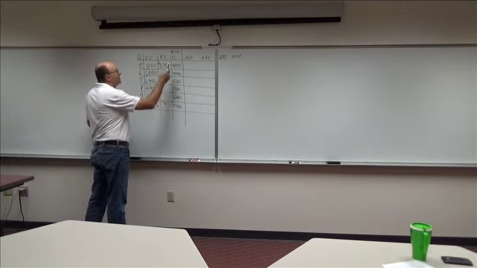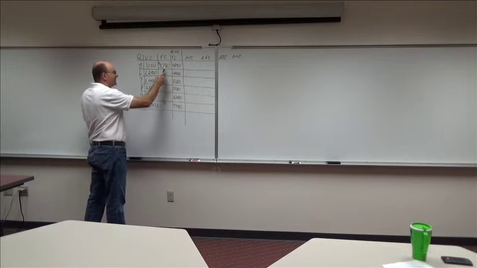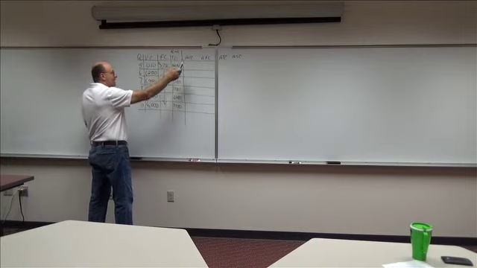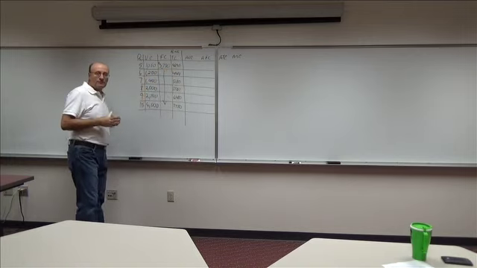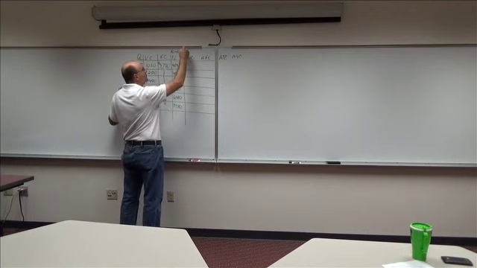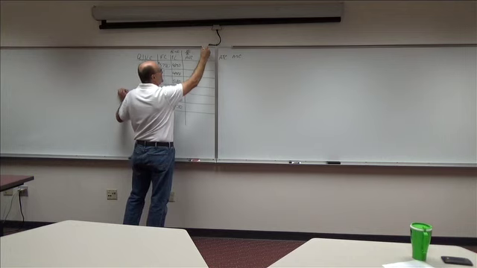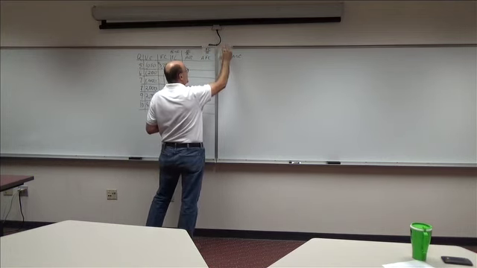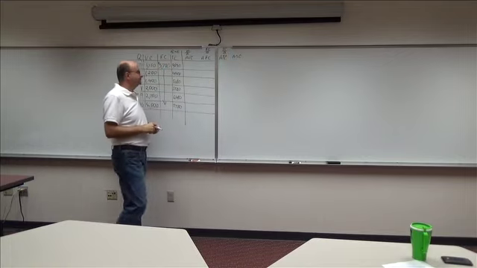Average fixed cost is fixed cost divided by Q. Average total cost is total cost divided by Q. That makes sense? Okay?